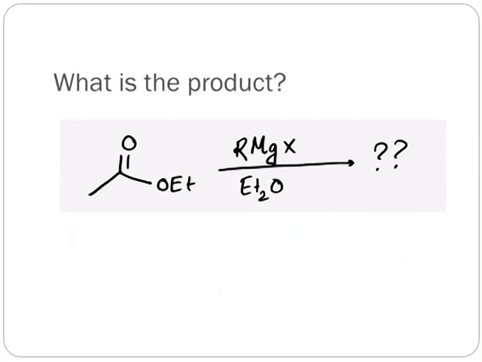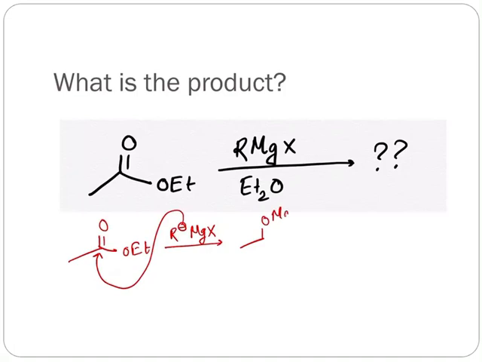If we see this reaction, first the Grignard reagent will attack this carbonyl carbon to give this tetrahedral intermediate.